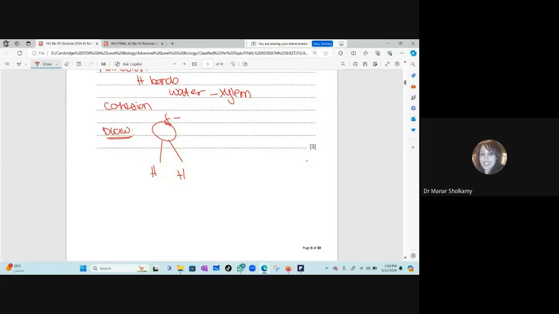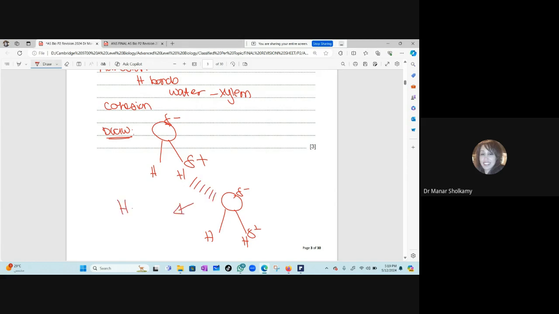And the hydrogen is positive, electropositive. Then here we have another water molecule, also with electronegative oxygen and electropositive hydrogen. And between the molecules, do I make a straight line or a dashed line? A dashed line. Very good. This is the hydrogen bond.